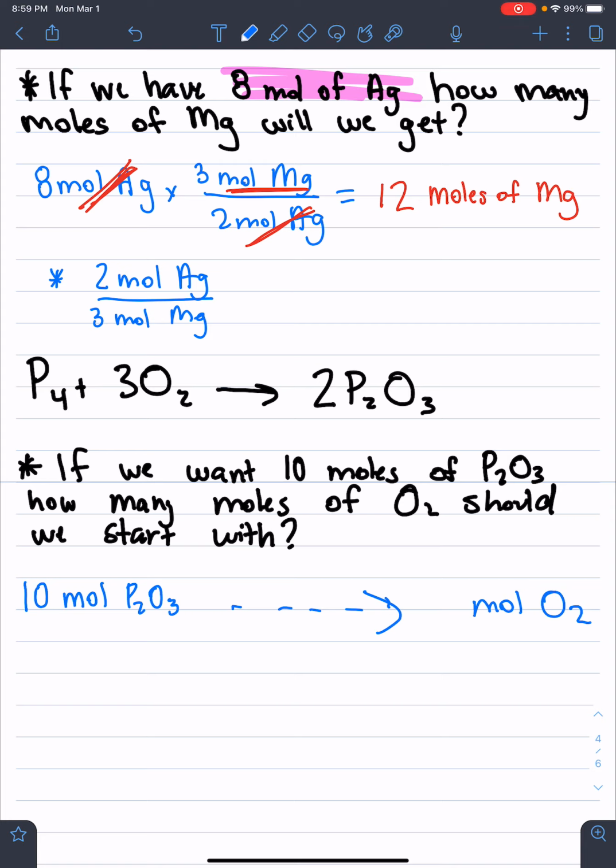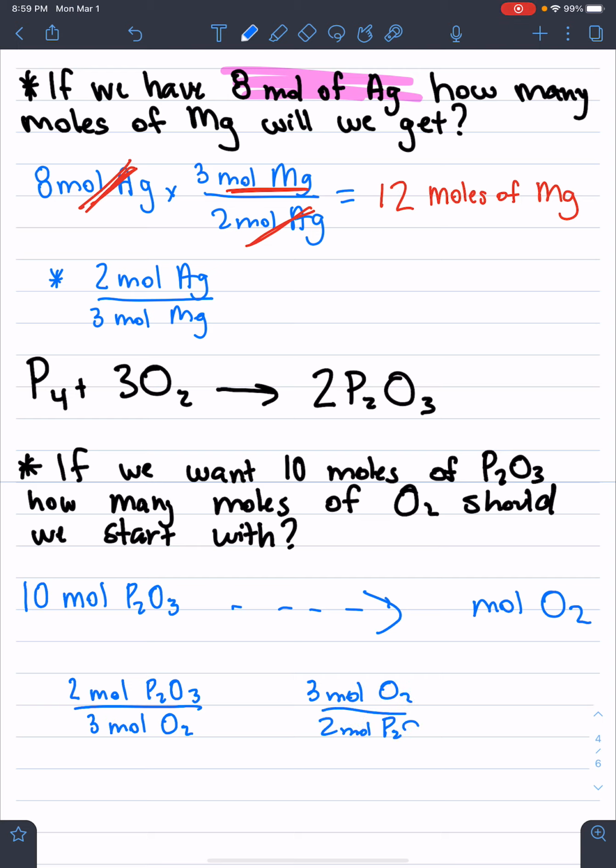So my two options for the mole ratio would either be 2 moles of P2O3 all over 3 moles of O2, or 3 moles of O2 all over 2 moles of P2O3. All right, those are the two different mole ratios that I'll be using to try to go from this to this.